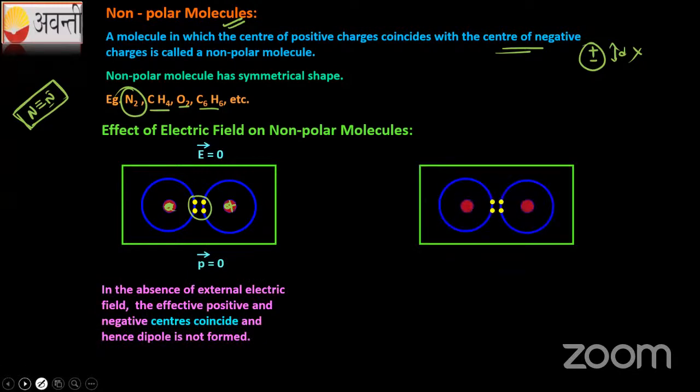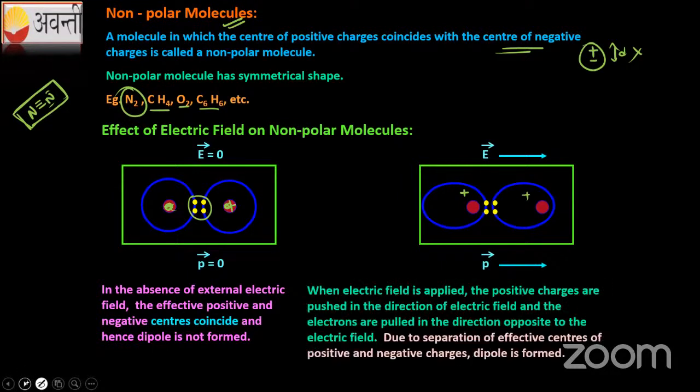But if I'm going to apply the electric field, देखो purely ऐसा था. This is center, positive charges. Okay, if I'm going to apply the external electric field, they will be oriented like this. Again देखो positive charge कुछ और है, negative charge will be और position में. And at this time is there any dipole moment? Yes, we can say here.